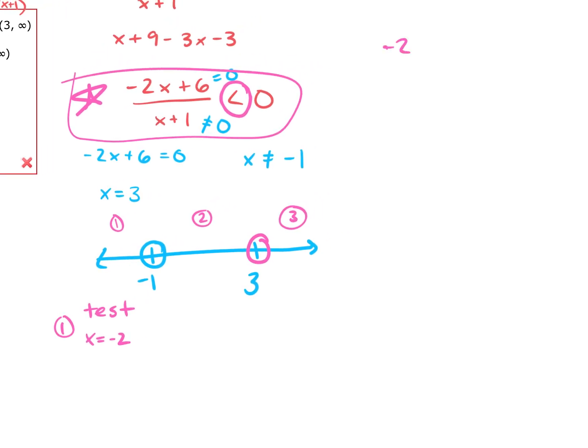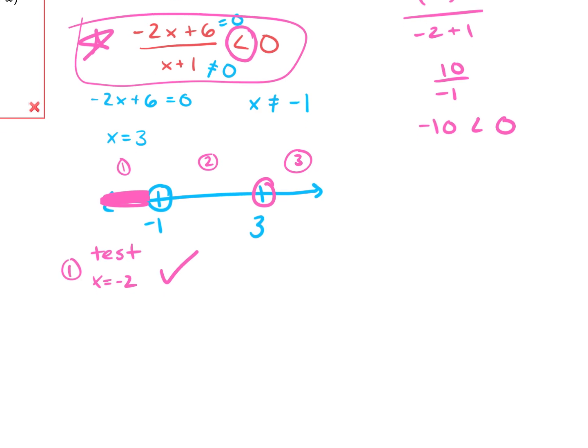So we have -2 times -2 plus 6 over -2 plus 1. This would be 10 over -1, which would be -10. Is -10 less than 0? Yeah, so it works. So that's going to be part of our domain.